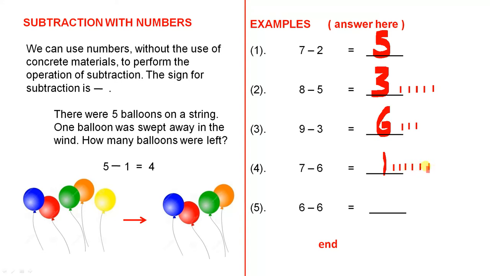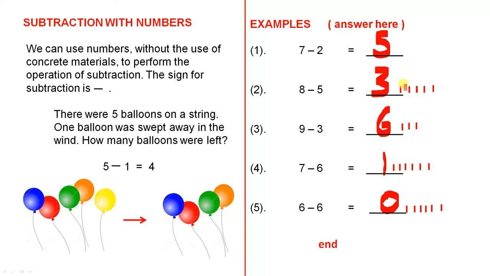So we've actually gone 6 places to the right, but we've landed on 7. And there it is. 6 take away 6. If you have 6 objects and you took 6 away, that means you have none left. So if you have your pencil on 0 and count 6 places to the right, we go 1, 2, 3, 4, 5, 6. And that's correct.